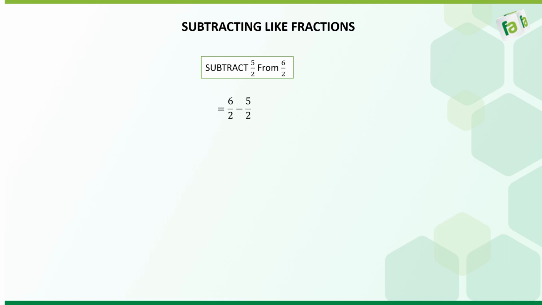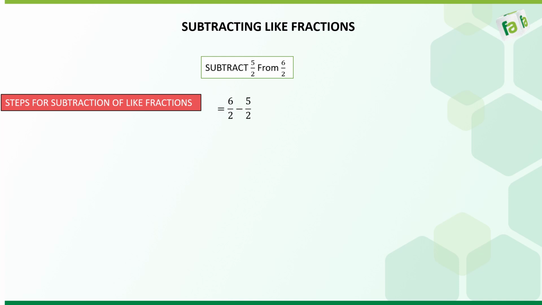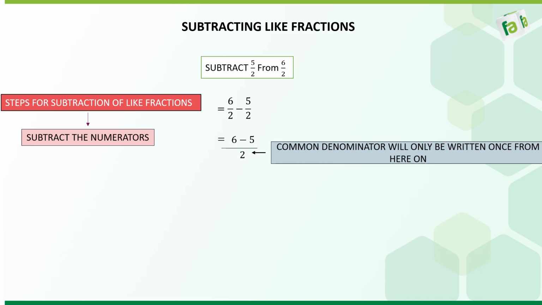All we need to do is simply subtract the numerators while retaining the common denominator. This will give us 6 minus 5 by 2. And the answer to this will be 1 by 2.